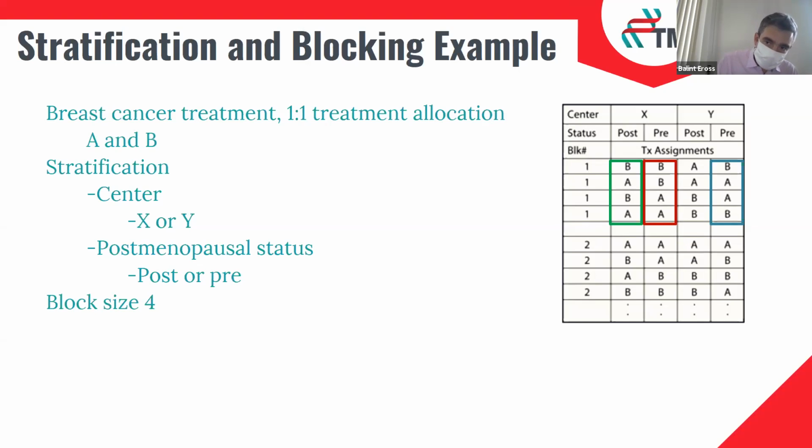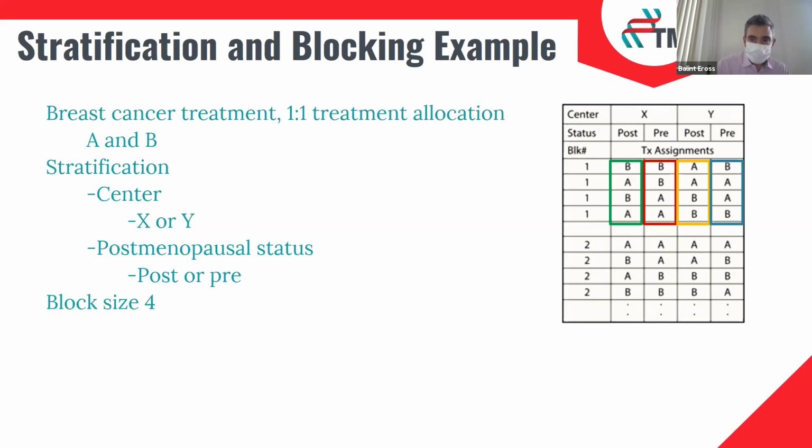In treatment center X, postmenopausal patients get a block of 4 with BABA, and lastly, in treatment center Y, postmenopausal patients get AABB.